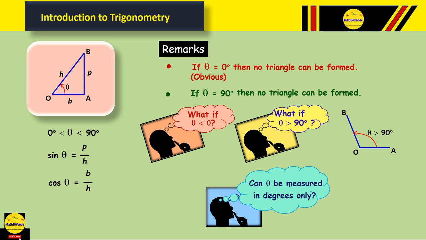Same way, theta can be measured in some other way also, not necessarily in degrees. So we may have to learn in which other measures you can see angle. So these are the two new things from where we will be starting our trigonometry, which are different from what you have learned in your previous classes.